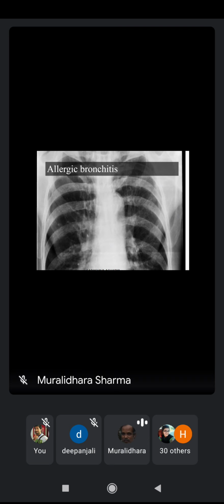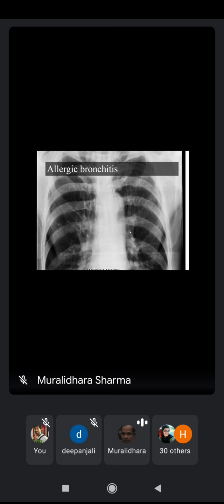In the hilar shadows, there are multiple lymph nodes at different stages of calcification. Some show extensive, completed calcification, while some areas have a signet-like appearance where the calcification is still in progress. There are also some spots of calcification in the lung tissue. The lesion is bilateral, almost symmetrical.